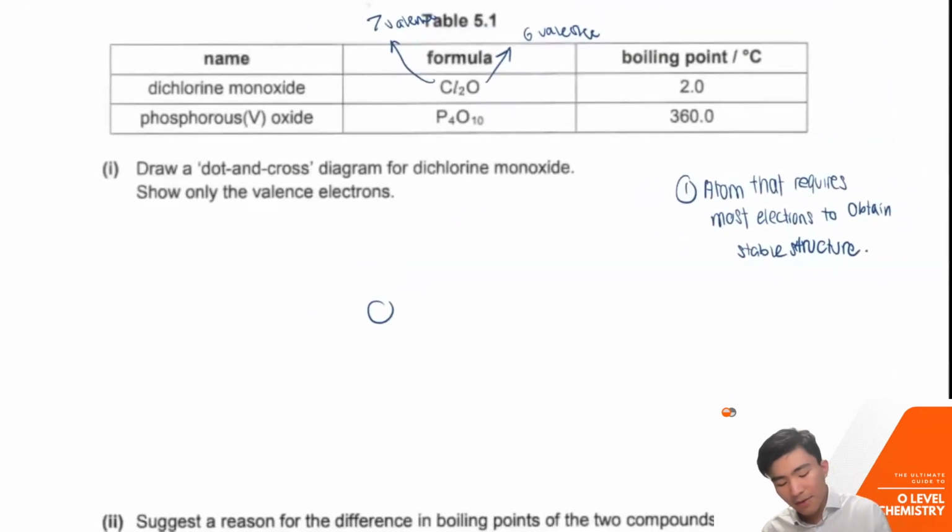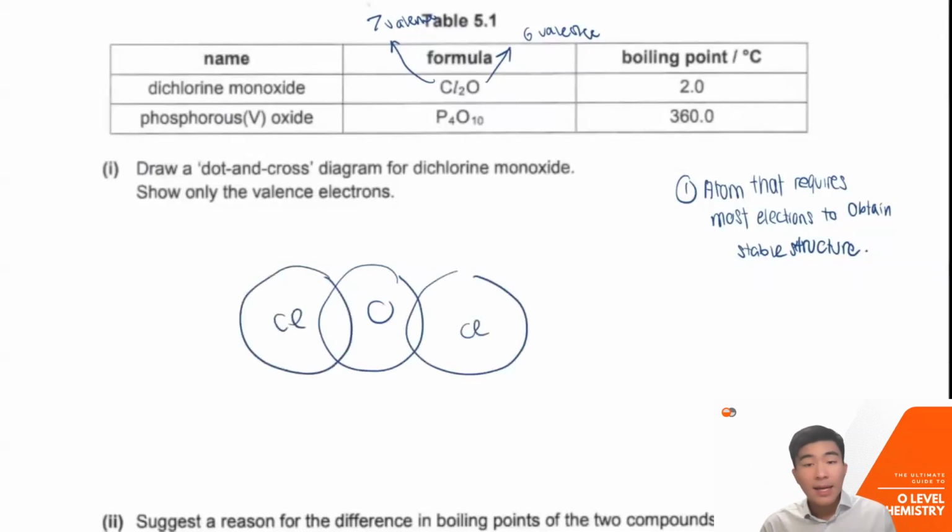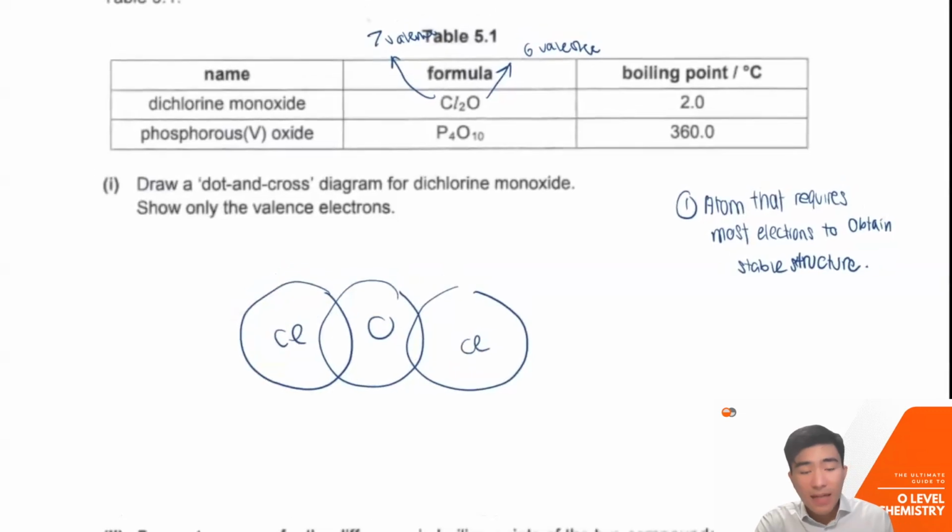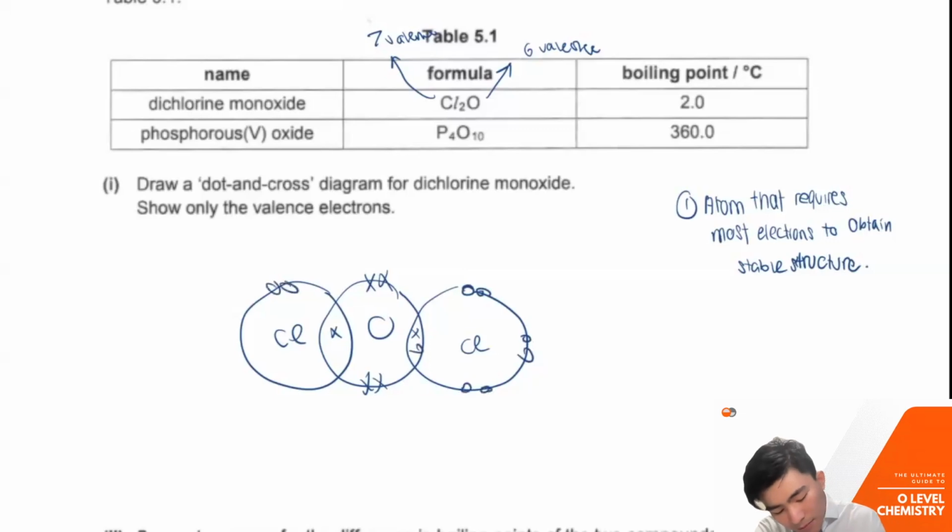Chlorine will be the ones at the side, Cl, Cl. Now, dot and cross diagram for dichlorine monoxide, very simple. We have 6 electrons for oxygen, 7 electrons for chlorine. So this will be your structure for dichlorine monoxide. This is also a reminder to everybody, do not use triangles in a dot and cross diagram.